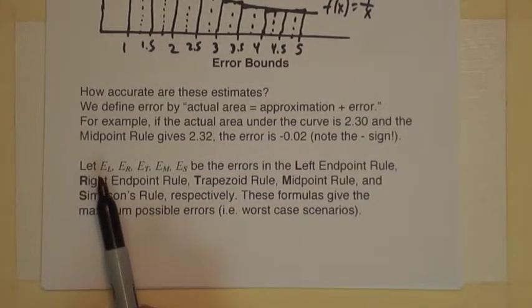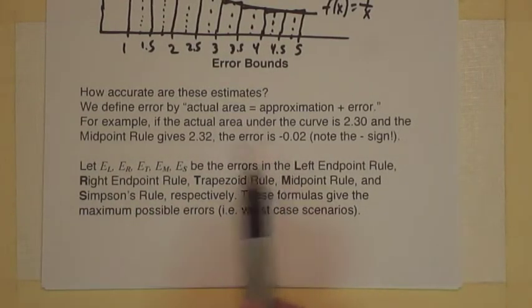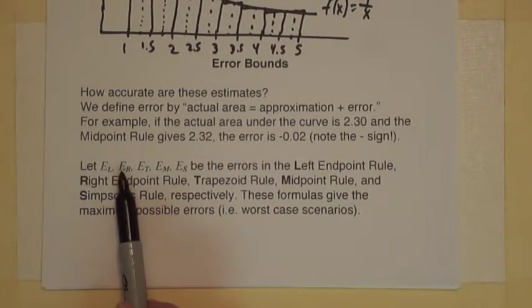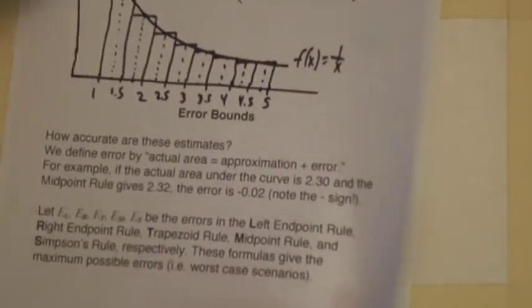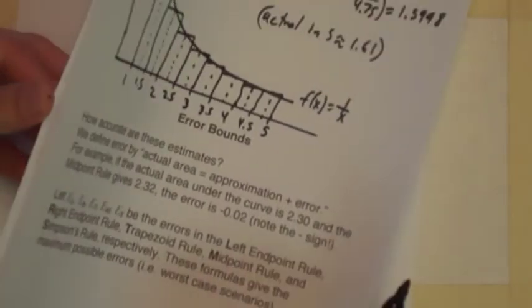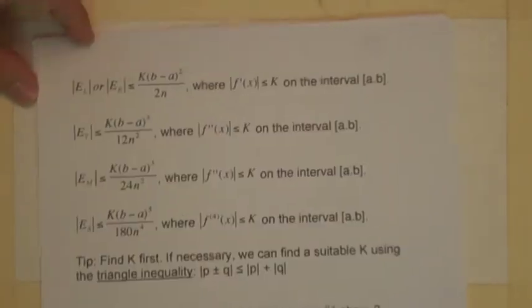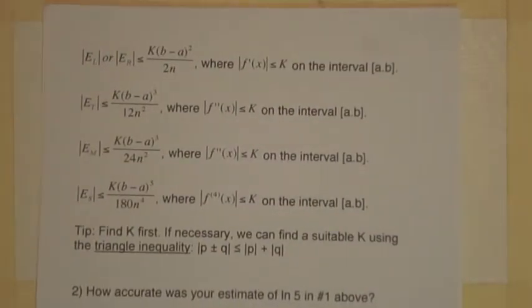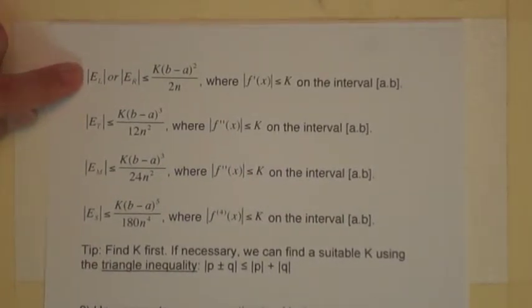So if we call the errors in the left endpoint rule EL and the error in the right endpoint rule ER, etc., here are the formulas that give the maximum possible errors on the next page. Here they are. Notice that they're all in absolute value, so the formulas don't distinguish between positive and negative errors.